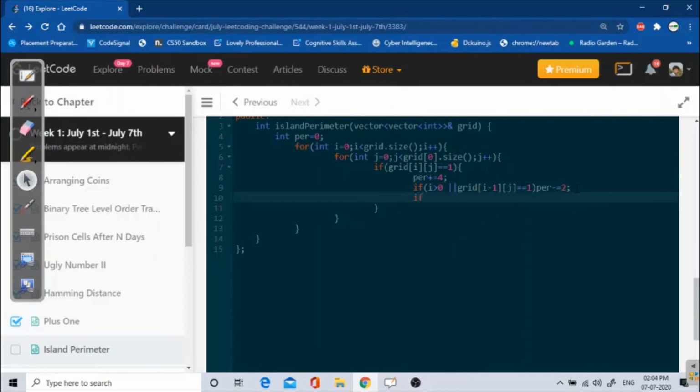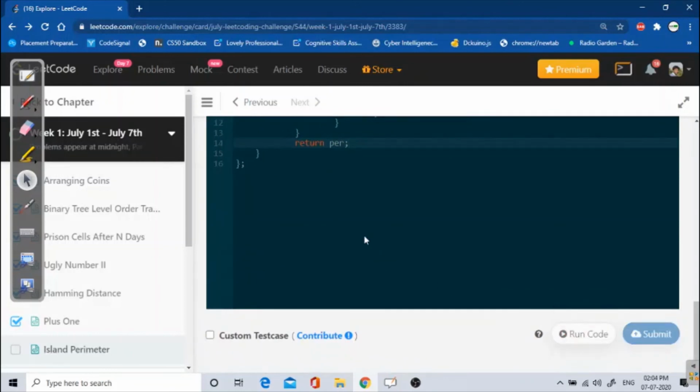In the same way for left direction, for that I will use j greater than 0 and grid of i j minus 1 equals to 1. Whenever I see, again I will just decrease perimeter by 2, and whenever I come out of the loop, I'll just return perimeter, that is per.